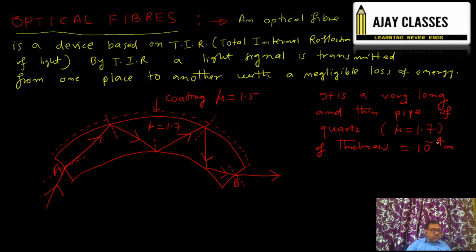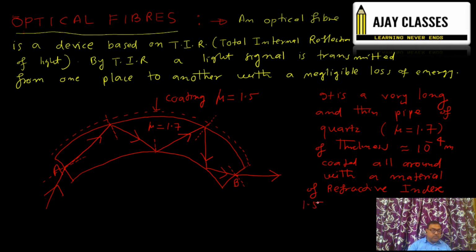This is the scientific value given, coated all around with a material of refractive index, mu value, 1.5.